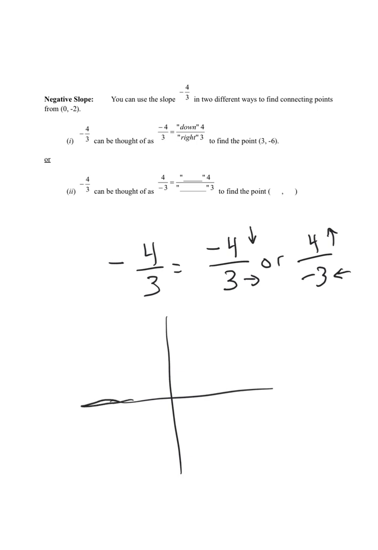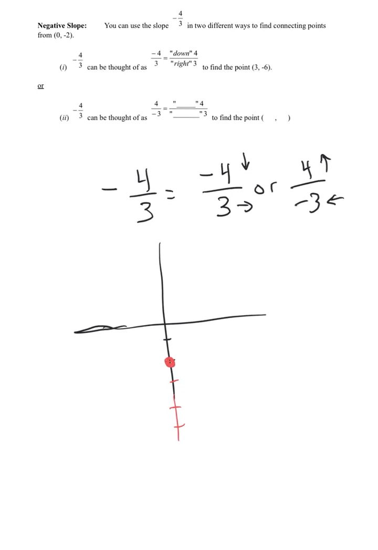So if I just pick a point (0, -2), okay, and then from there, I want to use each of those slopes. Let's go down 4/3. So 1, 2, 3. Oh, I ran out of room here. 4/3. So down 1, 2, 3, 4/3. We're looking at that point.